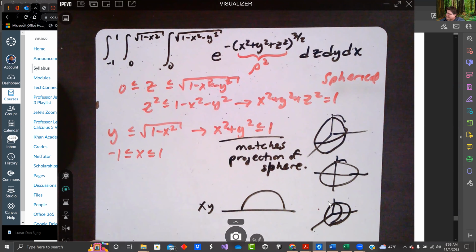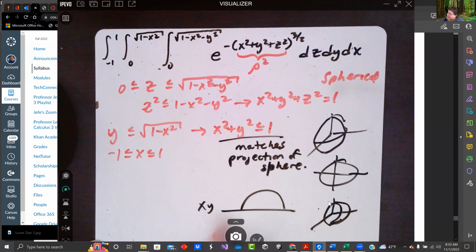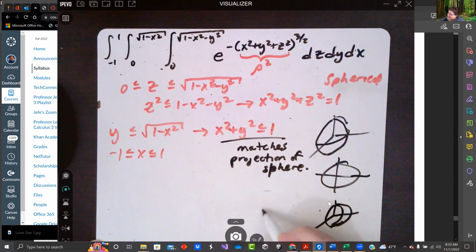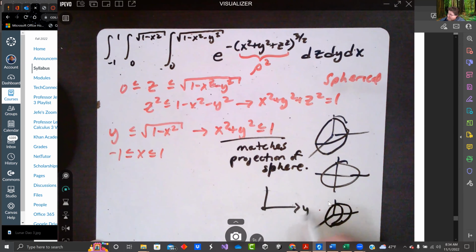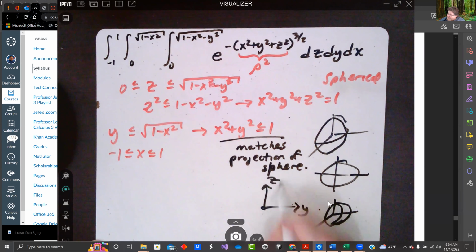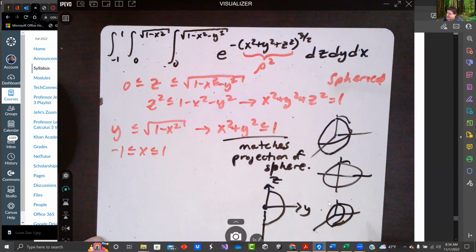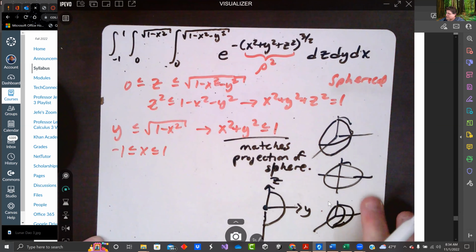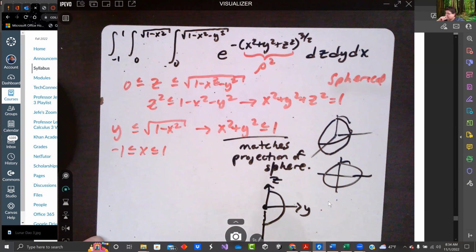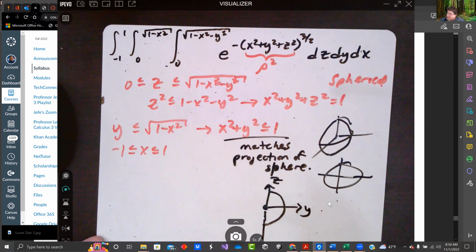Maybe I should sketch it like this: if X is coming out of the board, this is Y, this is Z, and X is coming at us, then we have that. Which means I don't have the full range of Y. So how is that going to limit our integral?